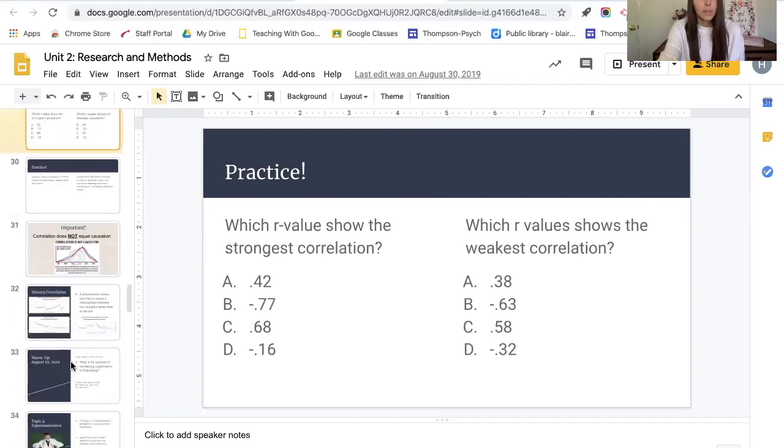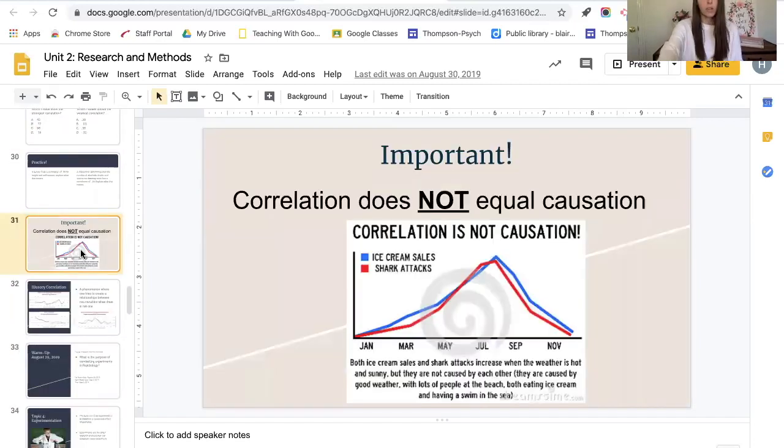So that's always good. Here's that big thing again. Correlation does not equal causation, because sometimes you can have things that correlate, but that does not mean that they cause each other, like this example here of shark attacks and ice cream sales, right? As ice cream sales go up, that doesn't mean it causes more shark attacks.